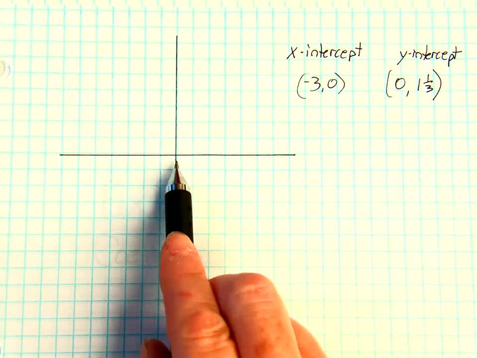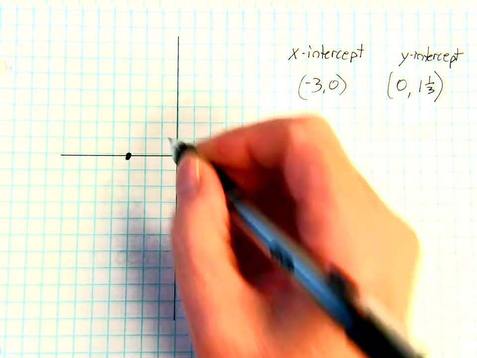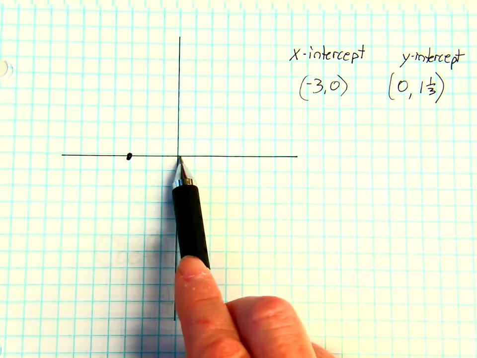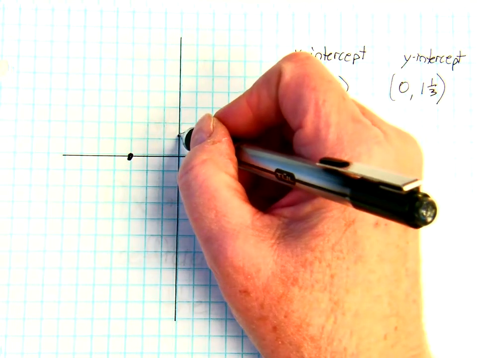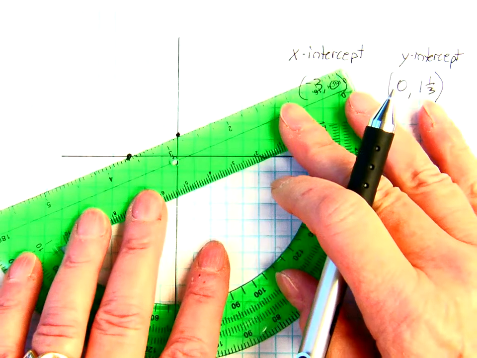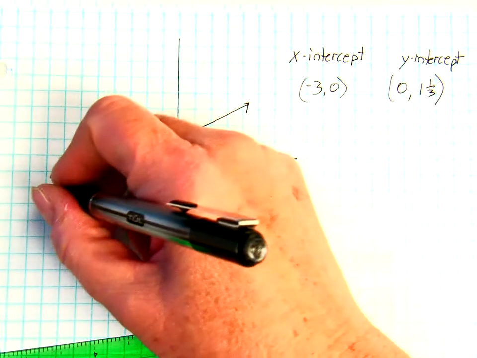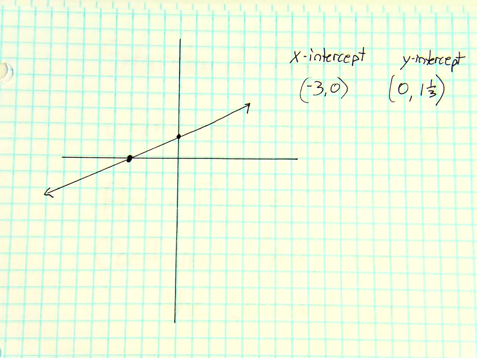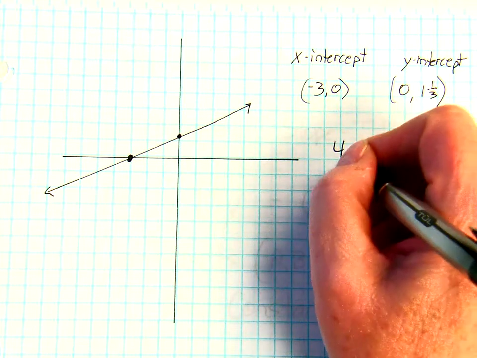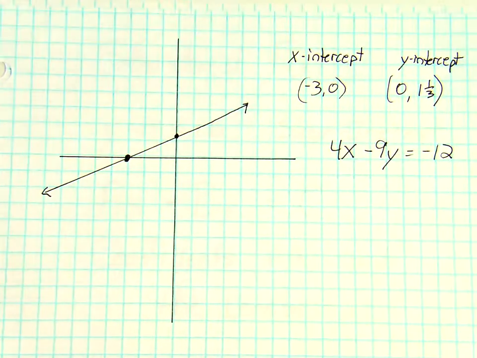So I'm going to come over here and say, -3, 1, 2, 3, -3 and 0. That's my x-intercept, and my y-intercept is 0, 1 1/3. So it's going to be about here, and then I will take my ruler, always with my ruler, and make a lovely line, and that would be the graph of what we started with, which was 4x minus 9y equals -12. Okay?